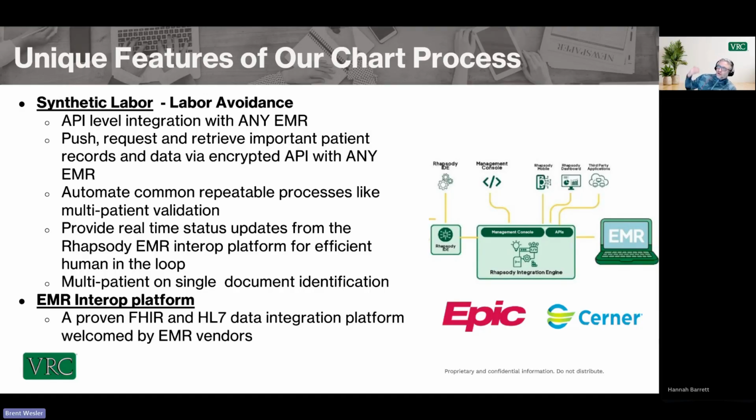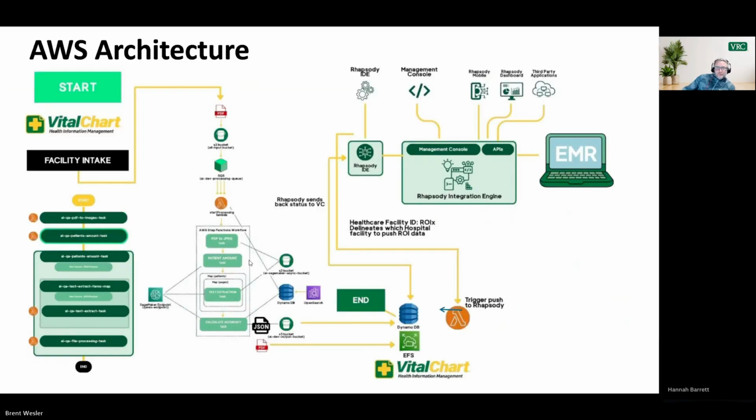And so we know we sent Brent Wessler release into the EMR, and we need Brent Wessler and my birth date to be exactly on every page of that document. So we're using AI from a compliance perspective to ensure that there aren't any HIPAA violations of any kind. So this is not only for labor avoidance, which is a big piece of it because we employ a lot of people keying data, but it's also the compliance portion of that.